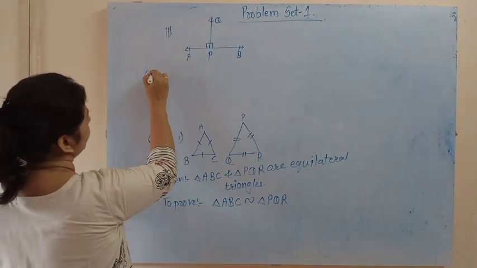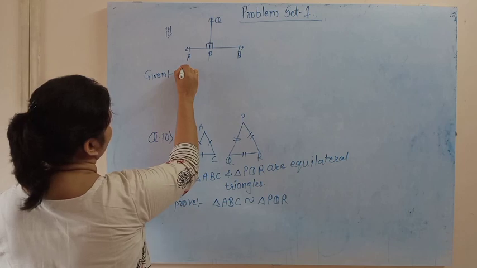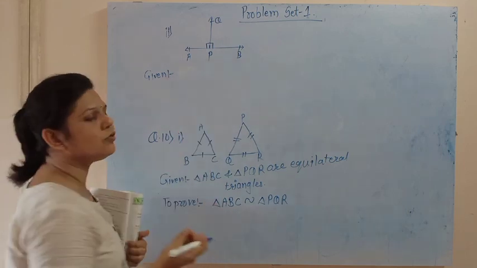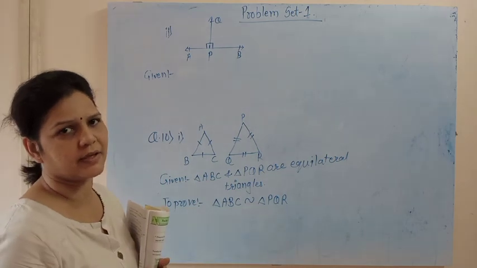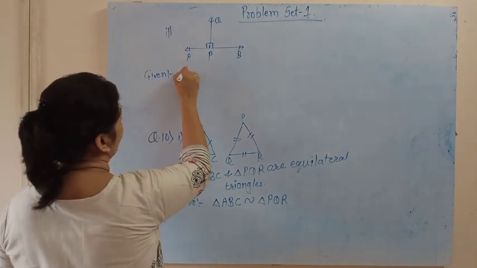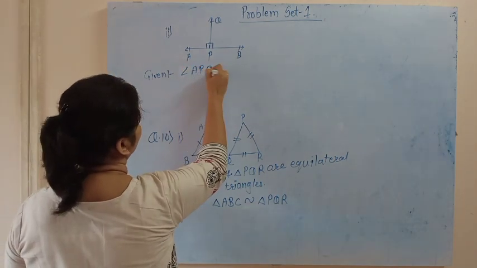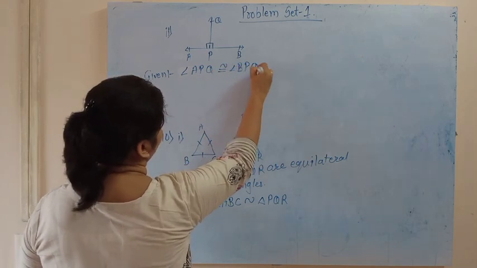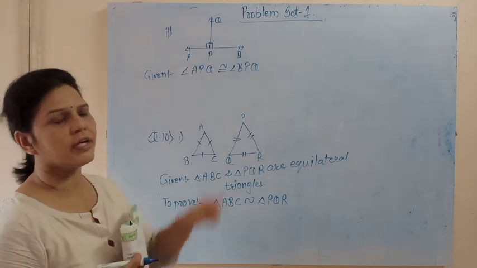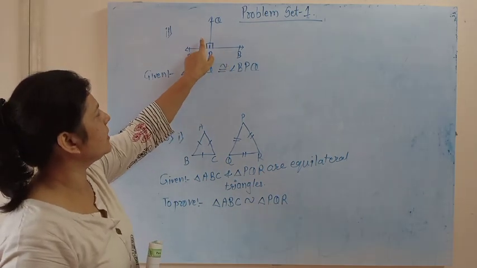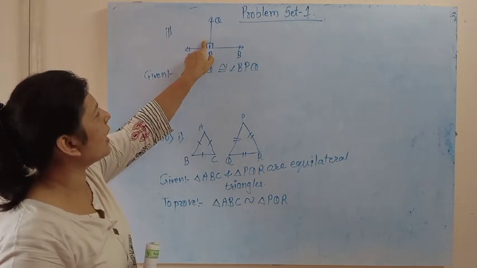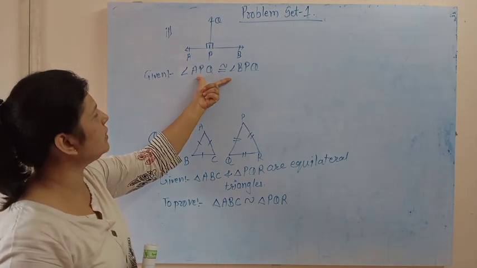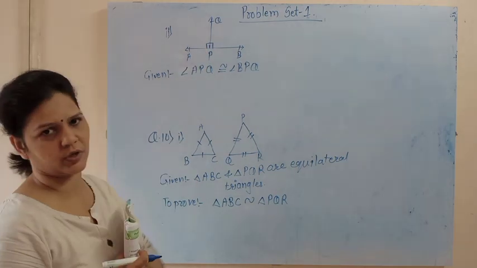So here the given part is angle. Here you can write in words or you can symbolize them. That means angle APQ congruent to angle BPQ. Okay. So here the figure is there, and see what is given, angles in a linear pair are congruent. So given these two angles are congruent.